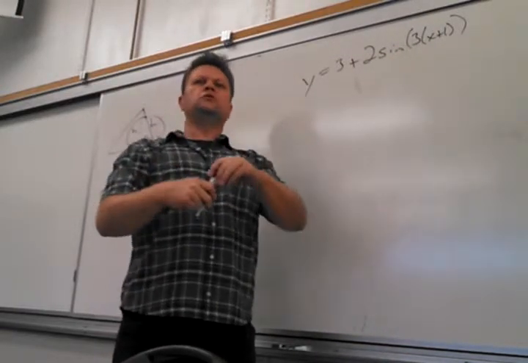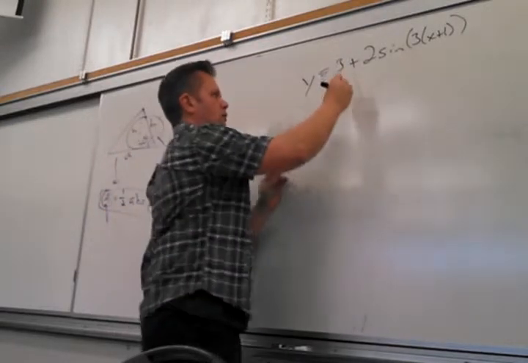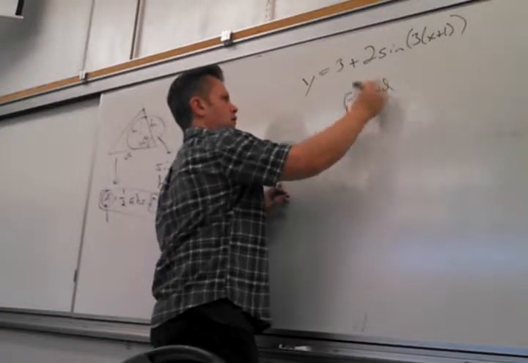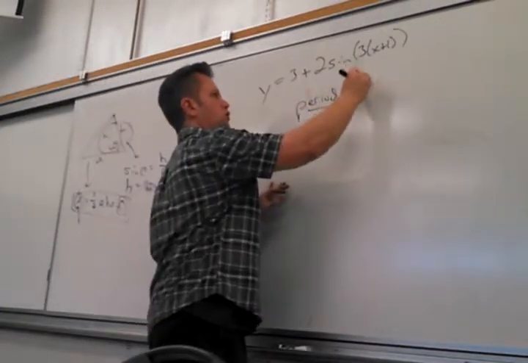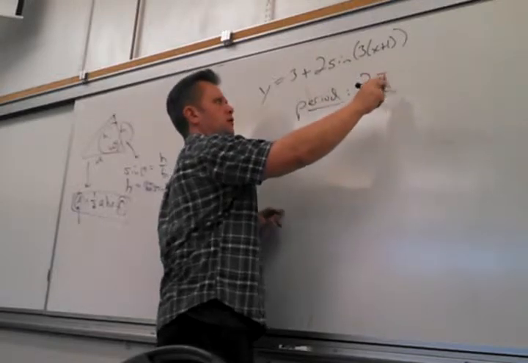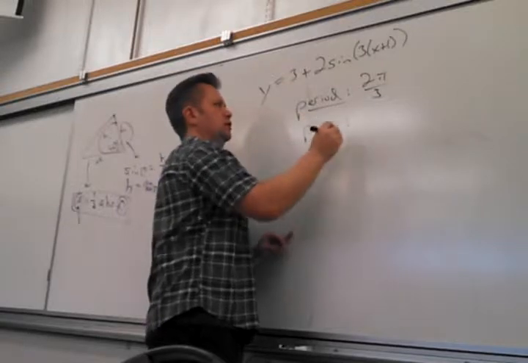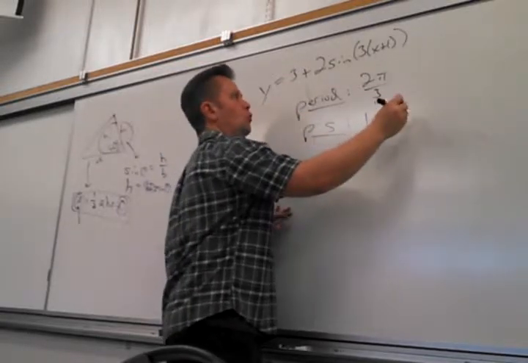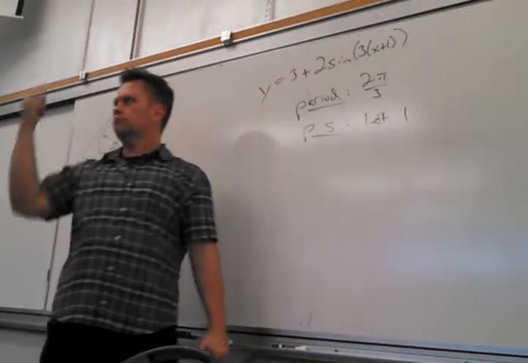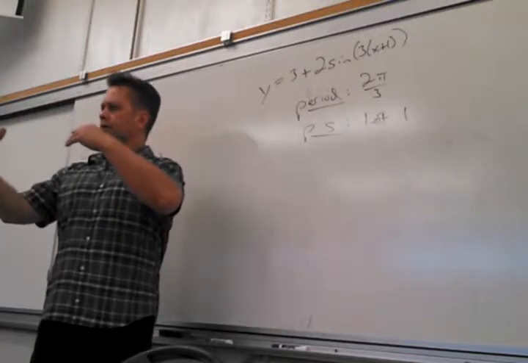This one's going to be a little extra disgusting because what's the period going to be? Yeah, it's normally 2 pi, and now it's going to be 2 pi over 3, because they already factored the inside, which is kind of nice. What's the phase shift going to be? Yeah, left 1, right? So -1 back, yeah, left 1.